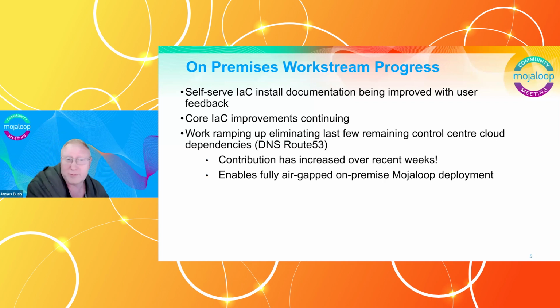So the work to remove that last cloud dependency has ramped up, and we're expecting that to happen imminently, to a point where we'll have that completely air-gapped on-premise ModuLoop deployment with the full GitOps support, with the control center and multiple ModuLoop instances being managed from that control center. We're expecting that to happen in the early part of PI 25.